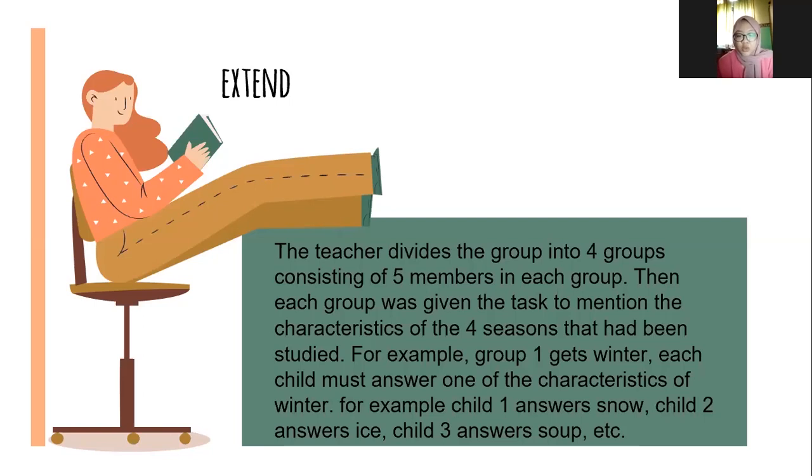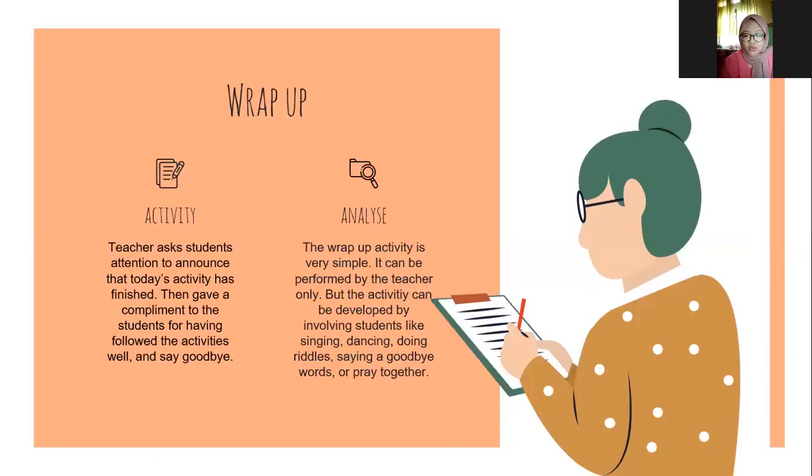For example, group 1 gets winter, each child must answer one characteristic of winter. For example, child 1 answers snow, and child 2 answers ice. Child 3 answers soup, etc. For the next is Kak Anissa.